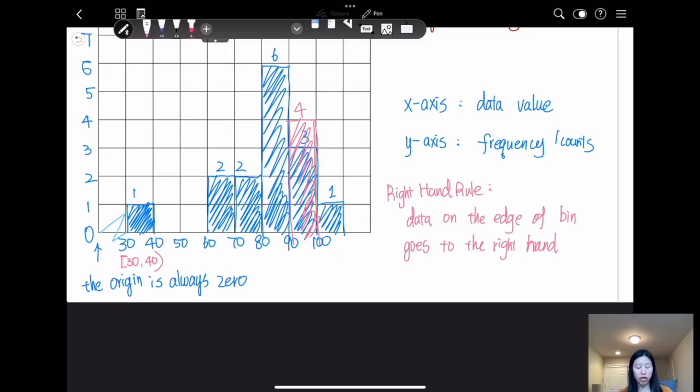So it's bracket 30, comma, 40, and then parenthesis. That's how you interpret it in interval form. So that is 60 to 70, and then 70 to 80, or here 90 to 100. That means 100 is not included. So we need to put 100 into another group from 100 to 110.